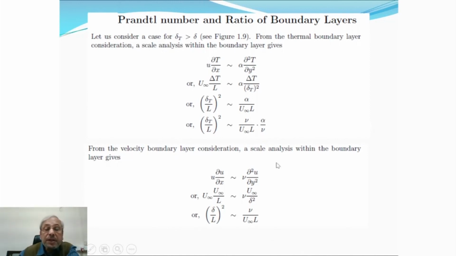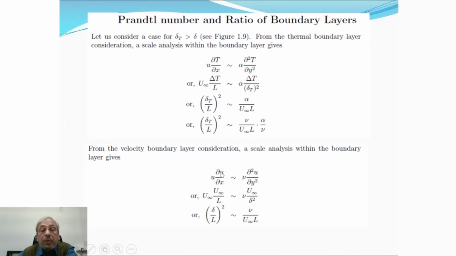From the velocity boundary layer, again we can do the same order of magnitude analysis within the boundary layer. We can say that the highest convective term is of the order of the highest diffusive term. So U del U del X is of the order of nu del 2U del Y2.